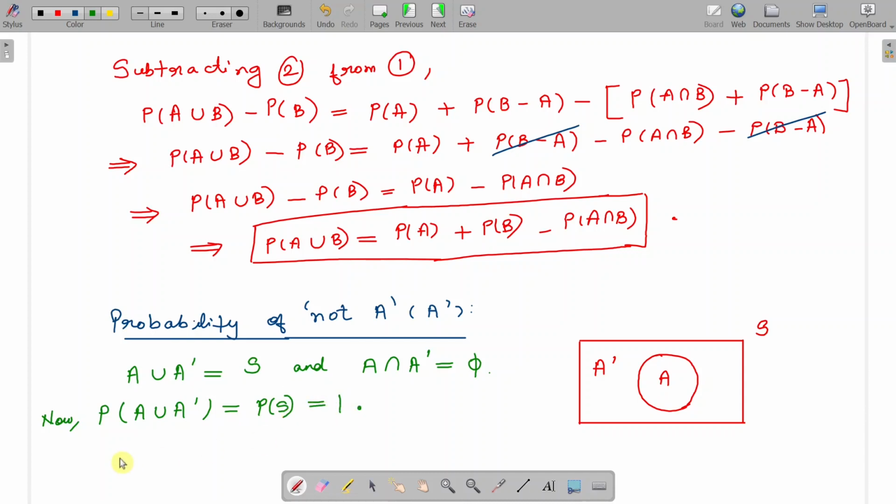Since A and A complement are mutually exclusive, probability of A plus probability of A complement is equal to 1.